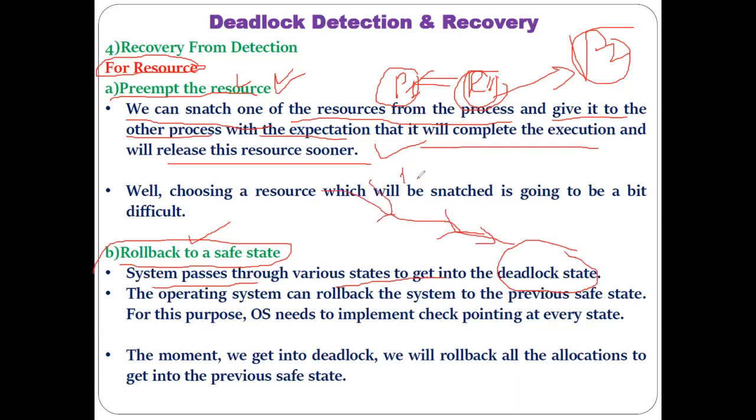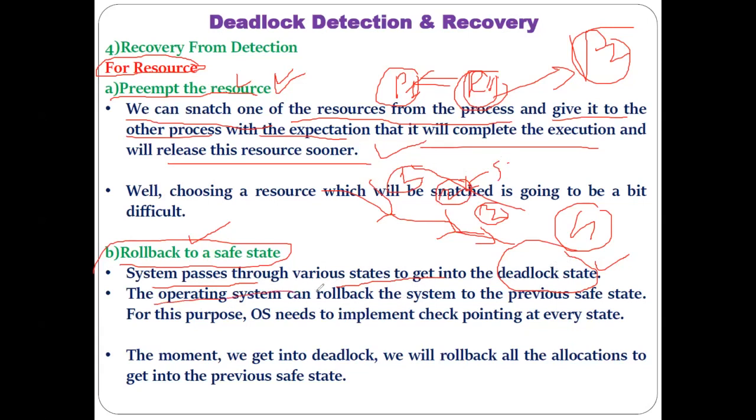Like here you can see state one, state two, state three, and in state four, for example, the system goes into the deadlock state. States one, two and three might be considered safe states.